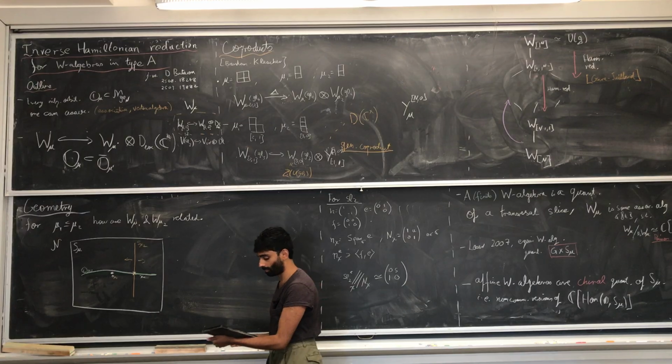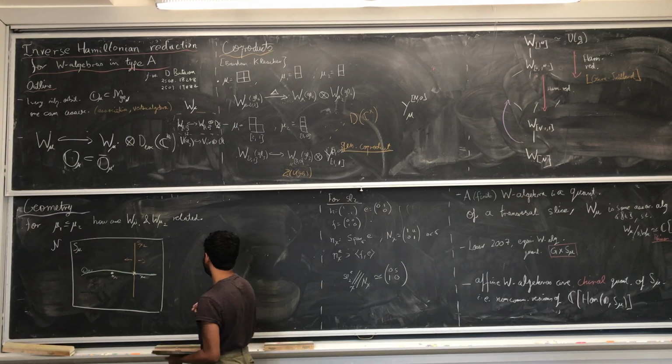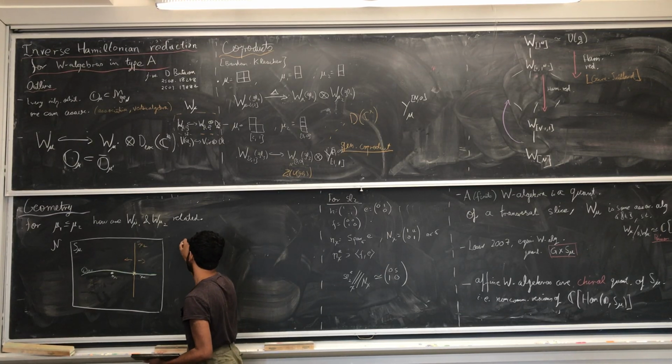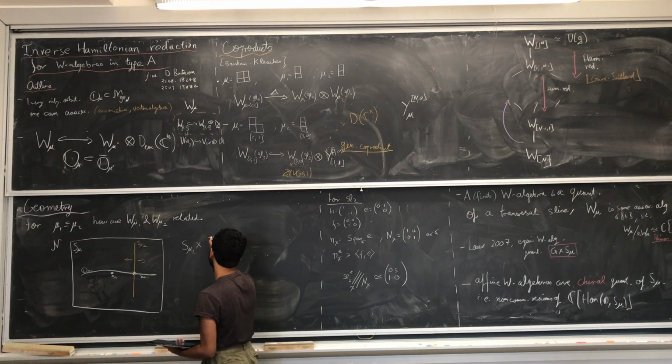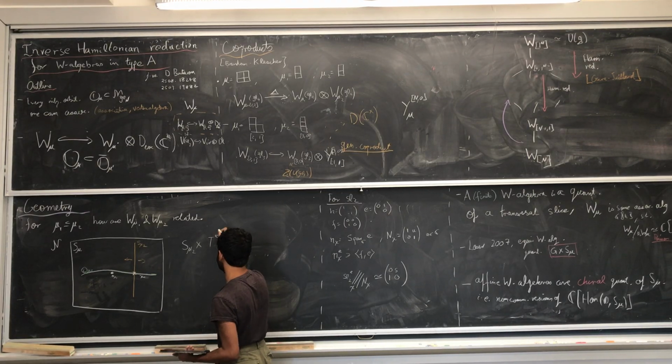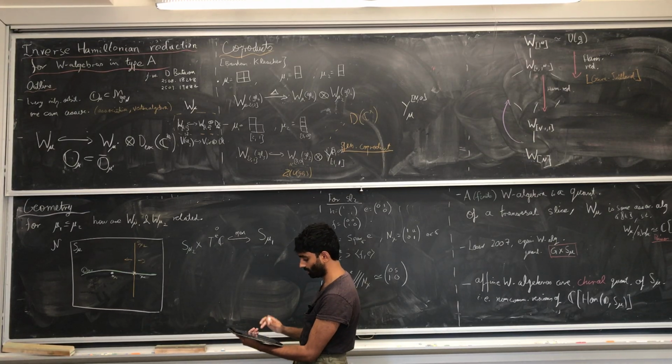What this cartoon is suggesting is that if we could construct something like S_mu2 times these auxiliary directions that I have to pull this thing along, something like T star C, maybe some open like that, then this sits as an open inside S_mu1.